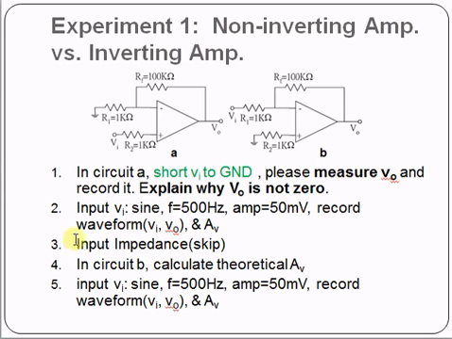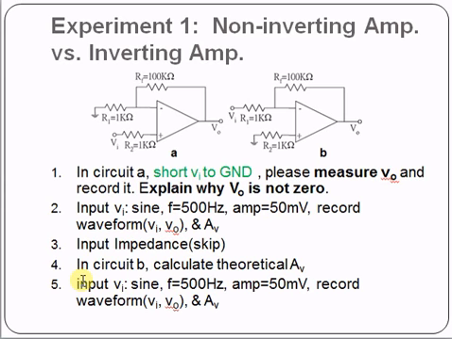Step 3. Measure the impedance by the multimeter, but you may skip this step. Step 4. Calculate theoretical gain of the circuit B. Step 5.